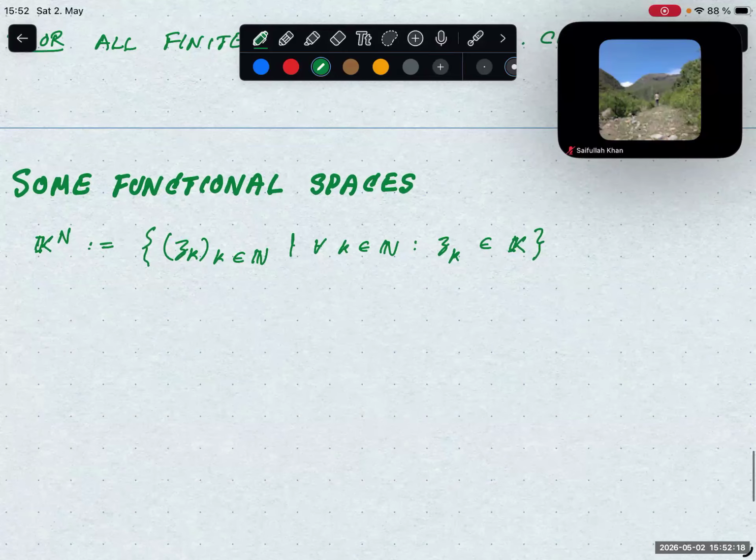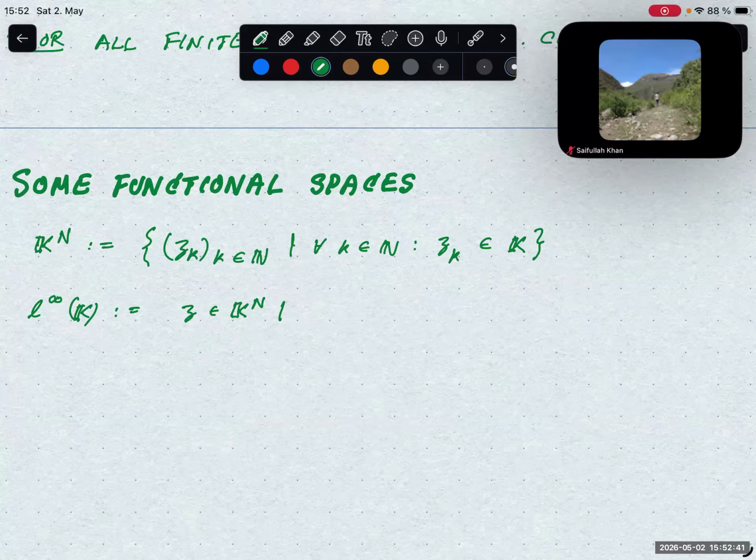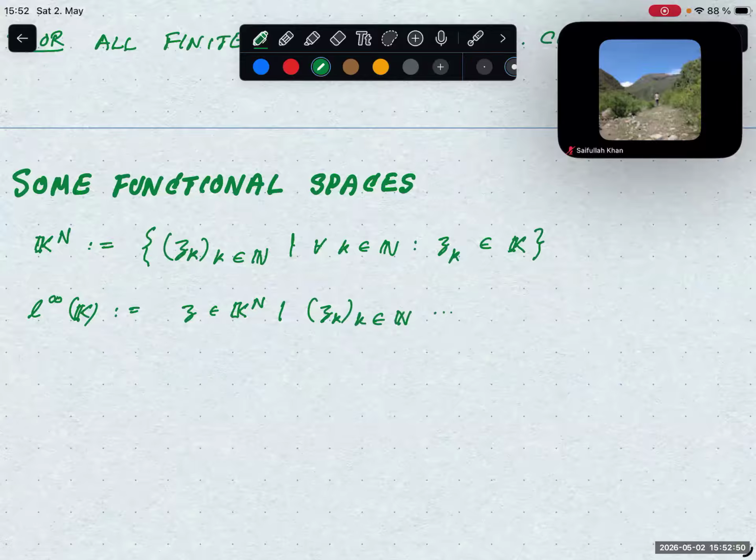Now there is this so-called small l. If you look at LaTeX, it's backslash l infinity spaces. So Z is in this Kn such that all the sequences are bounded.